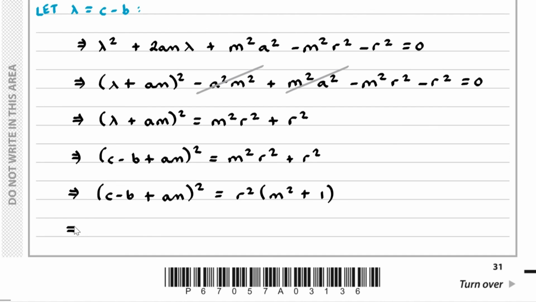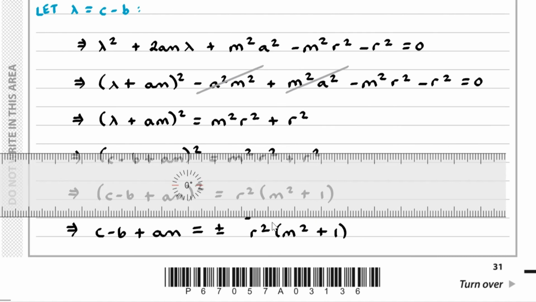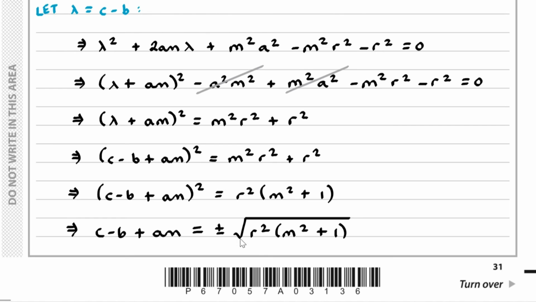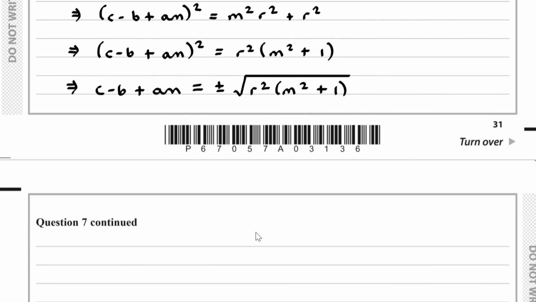So we've got c minus b plus am equaling plus or minus, because we're square rooting, the square root of r squared times (m squared plus 1). So we've got the square root of r squared, which is just r.